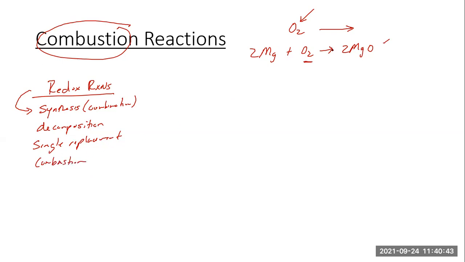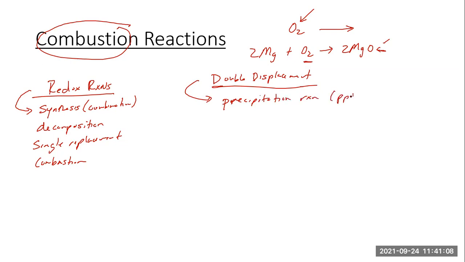Again, this is also a redox reaction, as we talked about: a combustion reaction, a synthesis reaction, this one up on top here. And then the other big classification are those double displacement reactions, which can be more specifically classified as a precipitation reaction, where a precipitate is made, or an acid-base reaction, where water is made.